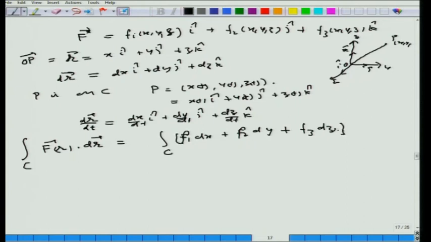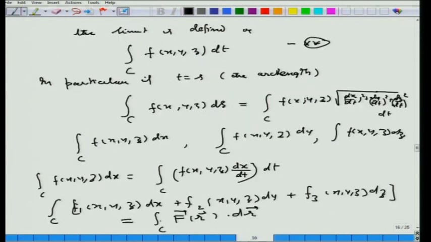So that is the line integral which we considered here. It is actually the vector form of the line integral, which is the same as our general form of the line integral.